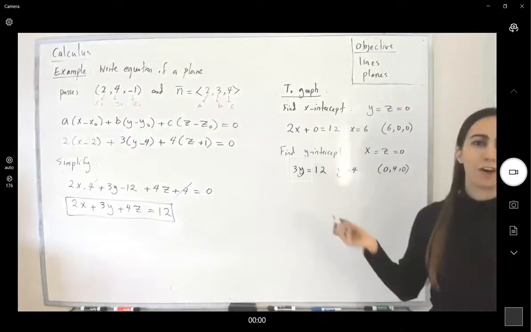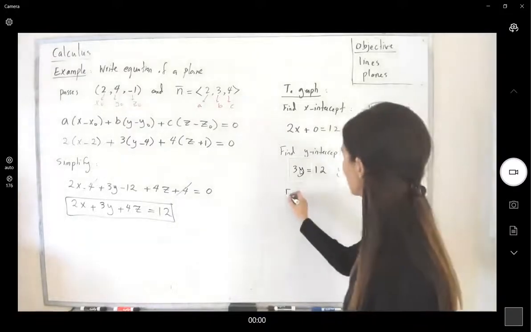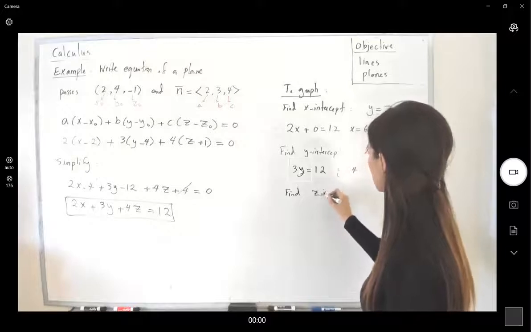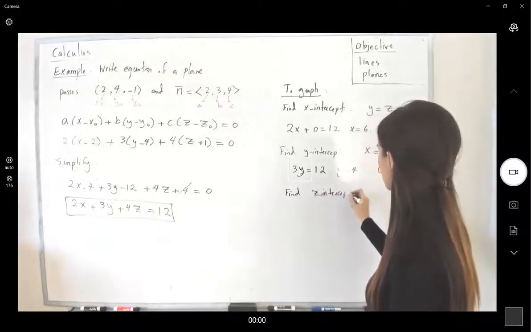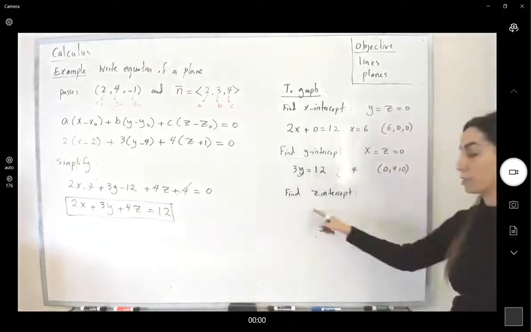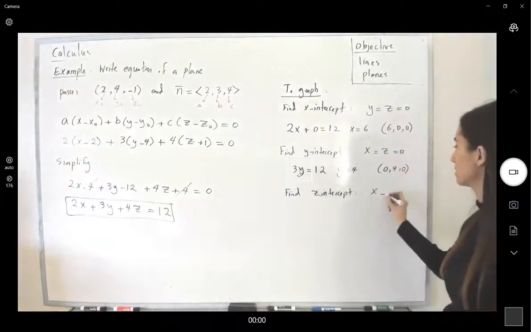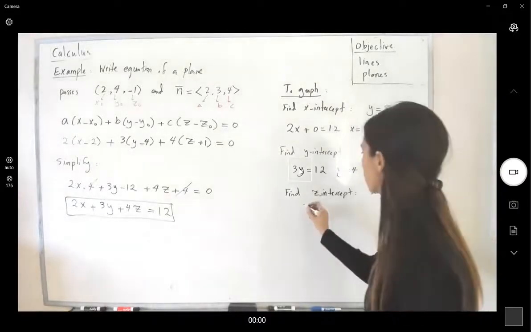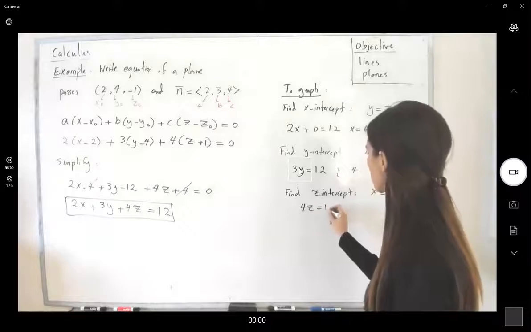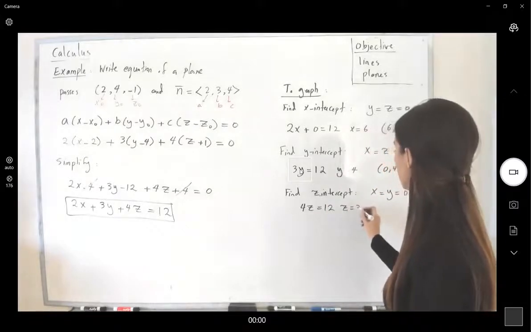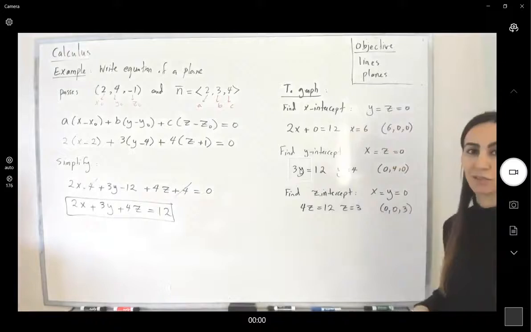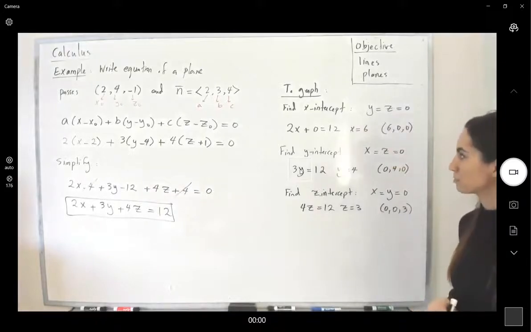And finally, let us find the z-intercept. To find the z-intercept, we set x and y equal to 0. So we get 4z equals 12, or z is 3, so 0, 0, 3 is your z-intercept.